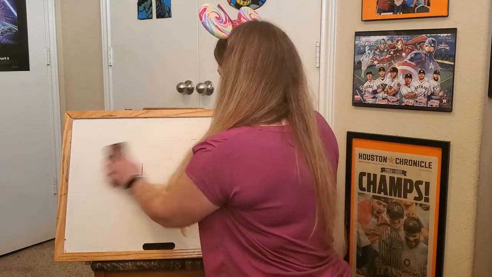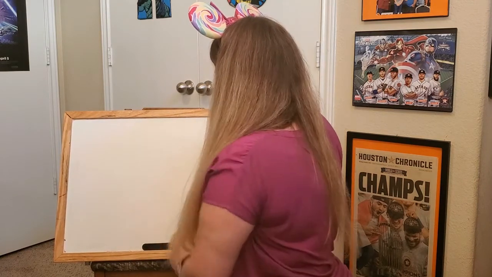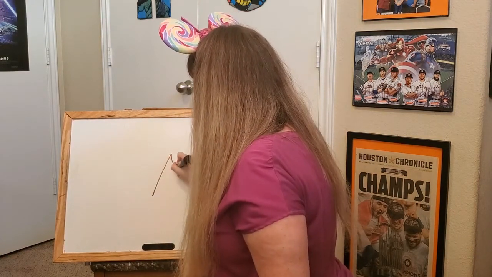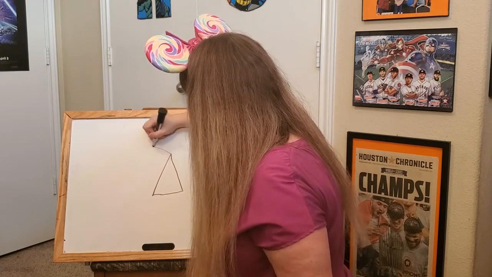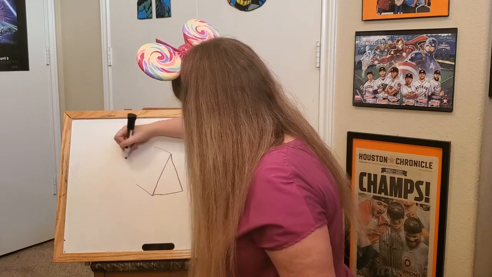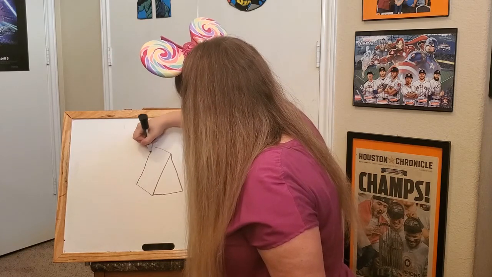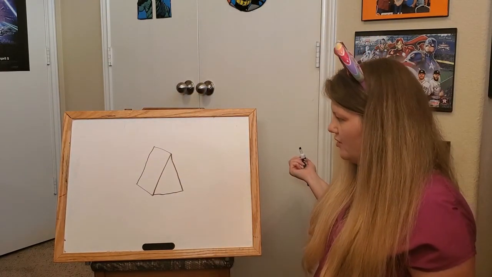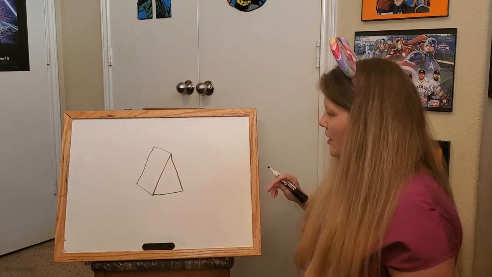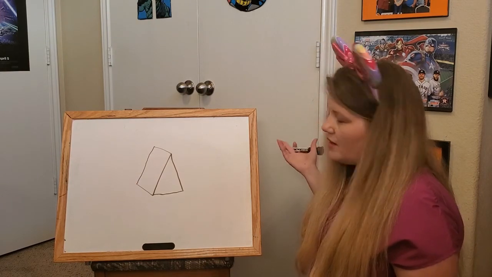And we can take that same basic idea also if we want to make a triangular prism. So I have a triangle, and if I draw those diagonal lines here, we have the basic shape of a triangular prism, and you can use that in your art.